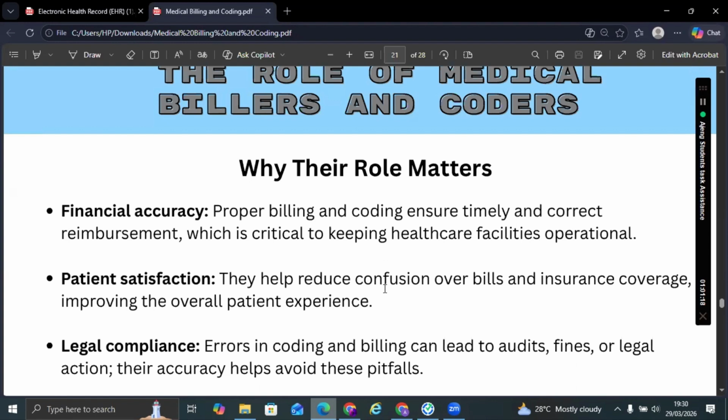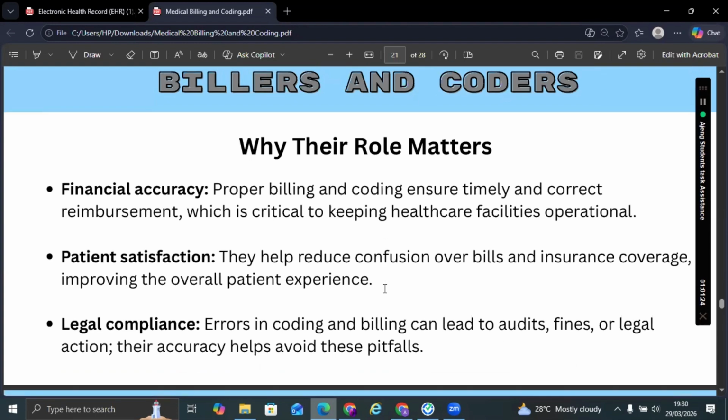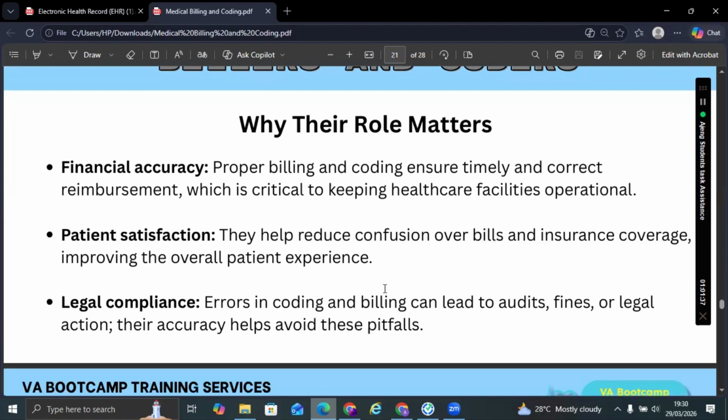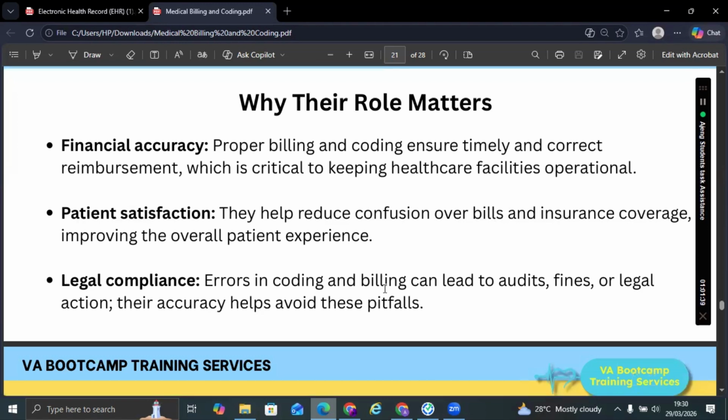They help reduce confusion over bills and insurance coverage, improving the overall patient experience. Legal compliance. Errors in coding and billing can lead to audits, fines, and legal action, and their accuracy helps avoid this pitfall.